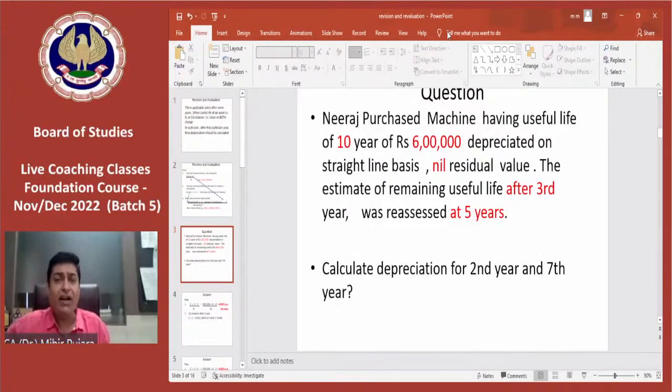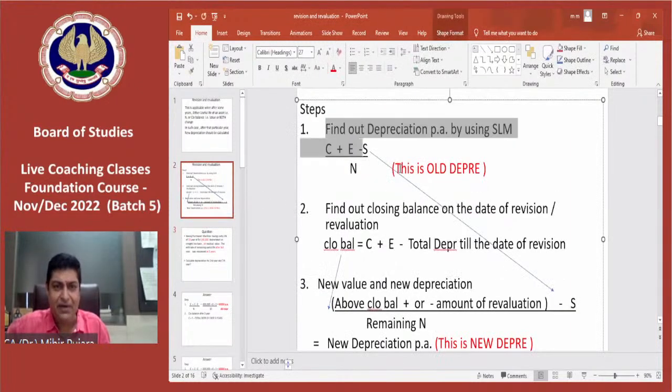Okay, guys, what is our first step? Find out the depreciation, that is the old depreciation.